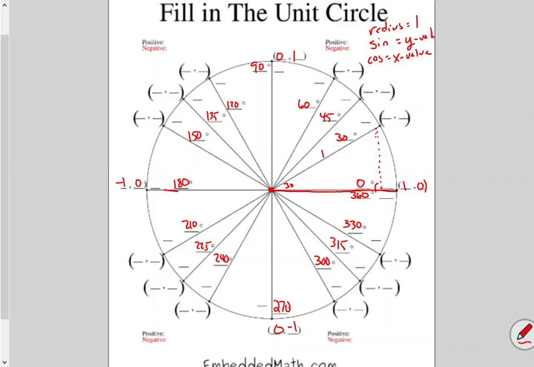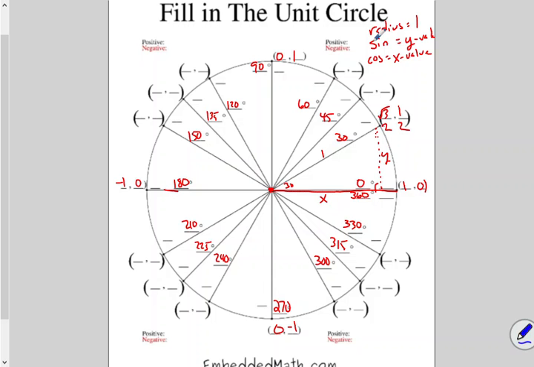So it's getting smaller. And while our distance from the x-axis, our y value, will increase. Remember, we had 1 over 2 was our first y value for the sine of 30. And our x value was the square root of 3 over 2.